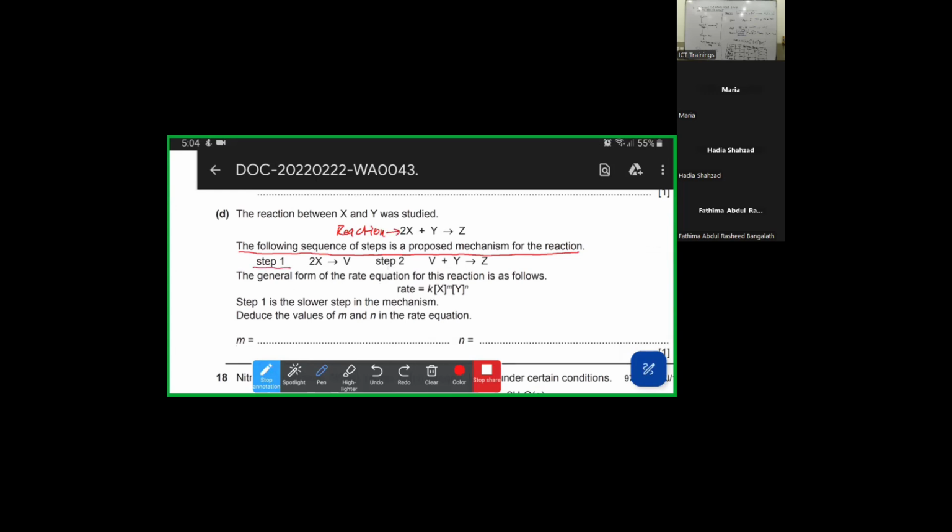This is step 1 and this one is step 2. He's saying the general form, so he made the rate equation for you. He said step 1 is slow, so this one is a slow step, this one is a fast step. So in the slow step you got 2 moles of X, so it means the M value is 2. In step 1 you haven't got the Y, so put 0 up here. So this is 2 and this is 0.